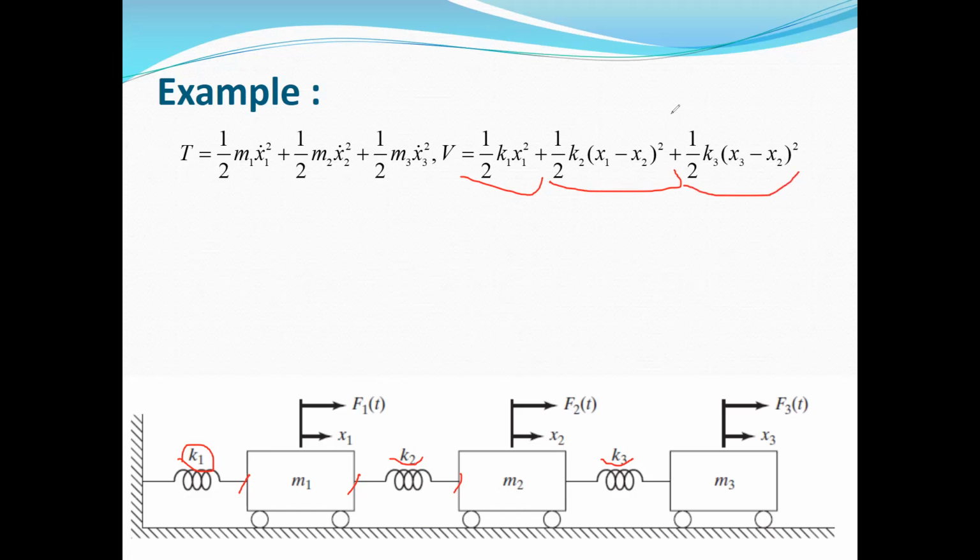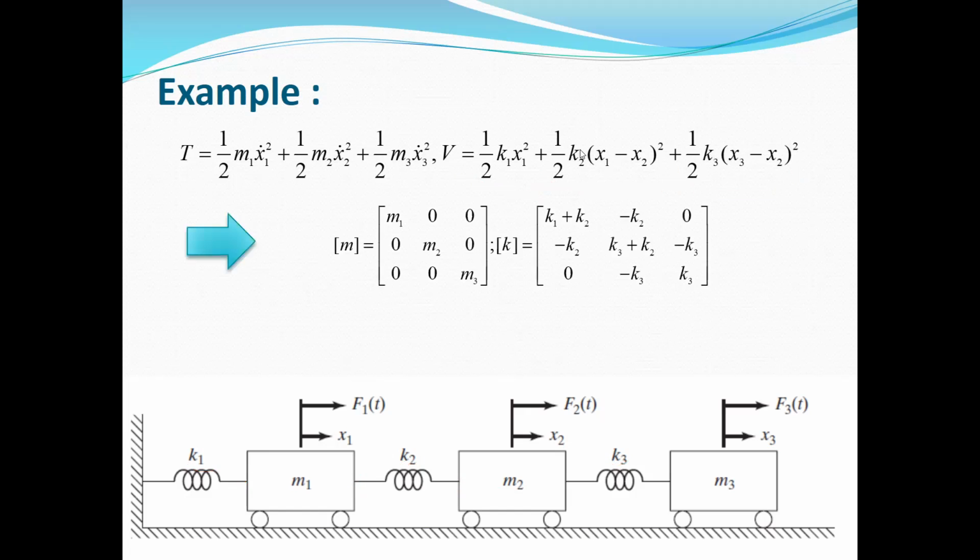All of them will give you the same result. So now we have T and V. We can get the equation of motion by using the Lagrange equation for each mass. You can easily write it, and you also know that Q1 is F1, Q2 is F2, and Q3 is F3. So you can easily extract the equation of motion.